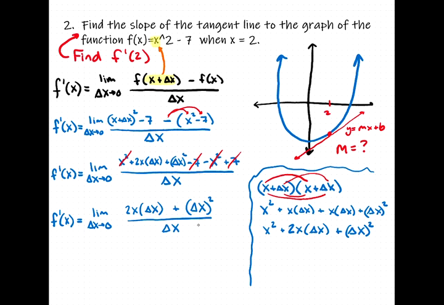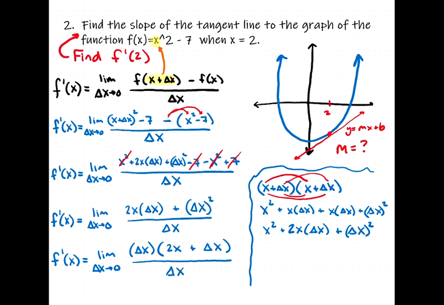A lot of delta x's here. Every term has a delta x. So let's go ahead and factor out the delta x that's common to both terms in the numerator. We could say f prime of x is equal to the limit as delta x goes to 0 of, let's say, delta x times, okay, from this first term we're left with a 2x, and the second term we have one delta x remaining, and there's a delta x on the bottom.